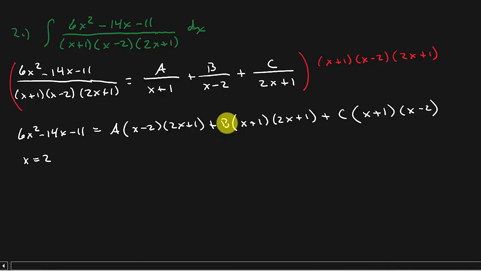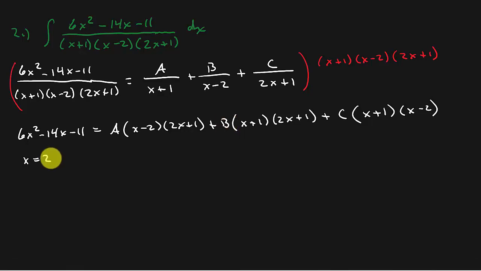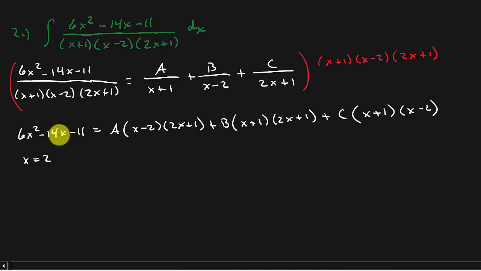All right. Now, let's plug the 2 into here. And I'm going to have to punch that into my calculator. So I'm plugging 2 in for x right here. So that's going to be 24 minus, what is that, 28 minus 11, that's negative 15.